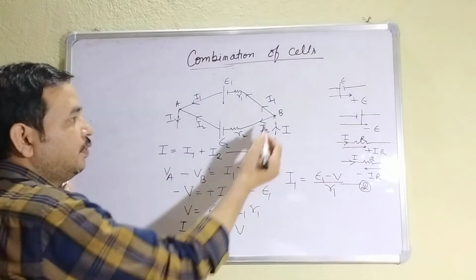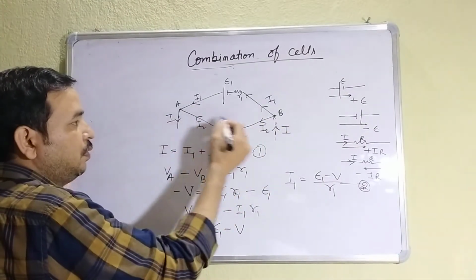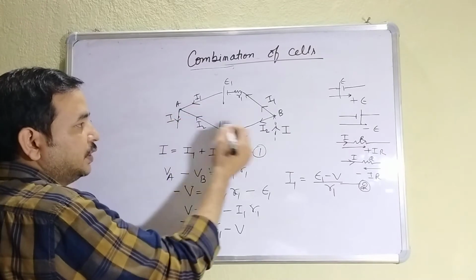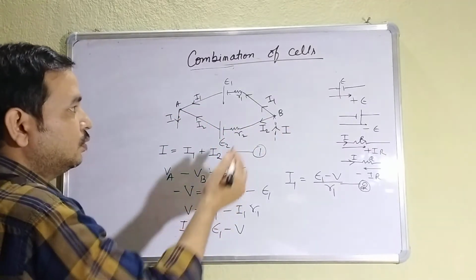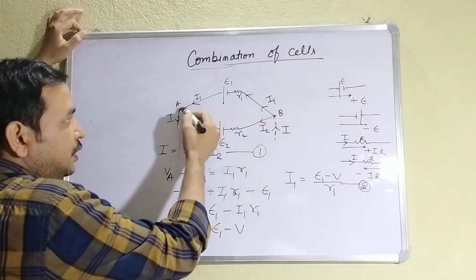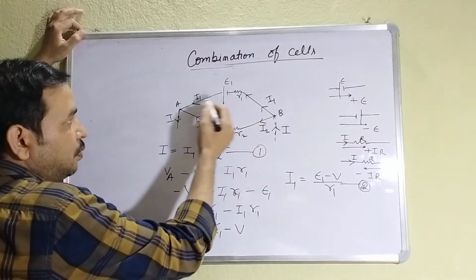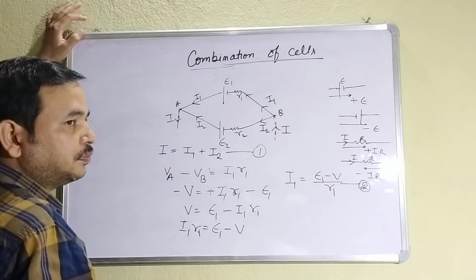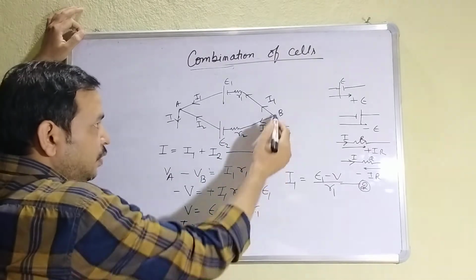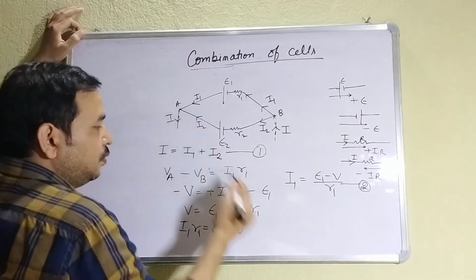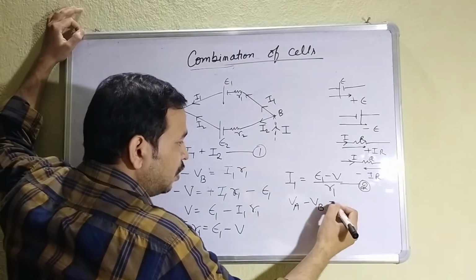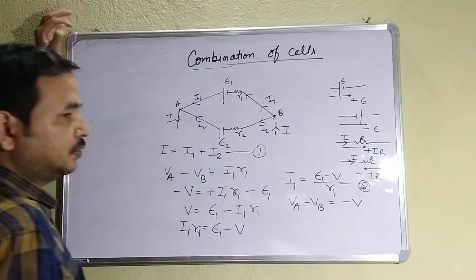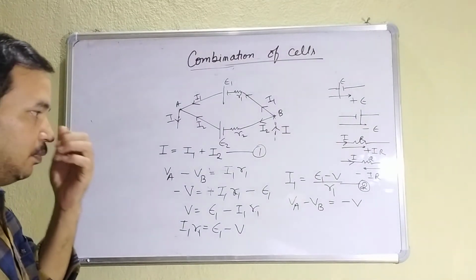Now, again we will calculate the potential difference between point A and B in this path. As you know, these two paths are parallel to each other, so the potential difference in magnitude will be the same. So when you are calculating from this path through cell E2, then again VA minus VB will be equal to minus V. Magnitude will be the same.